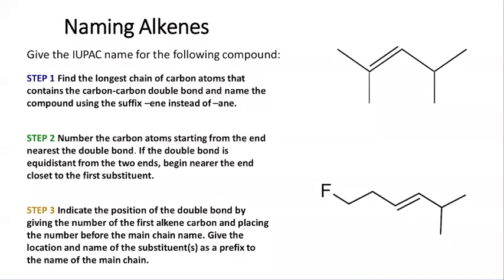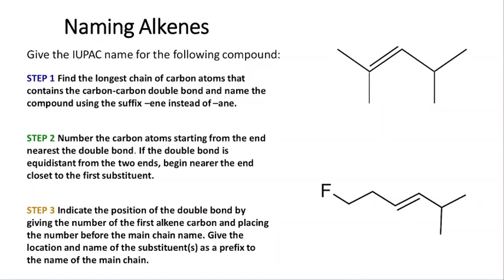Now, if you have an alkene, your longest carbon chain needs to include the carbon-carbon double bond. Now, you can choose to write the alkane name and you will remove the ending -ane, and because you have an alkene, you will now place the ending -ene in it.